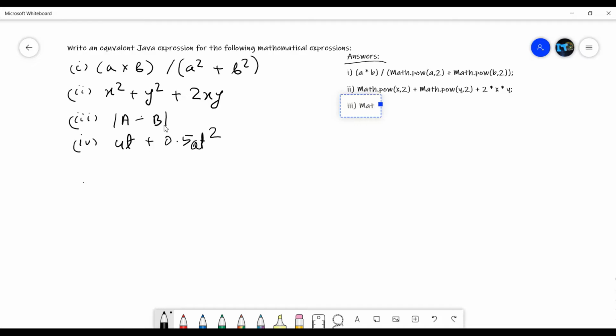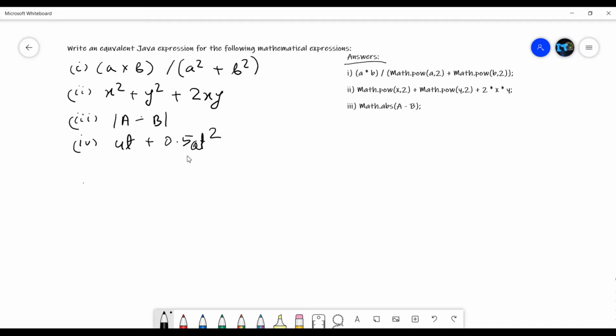Math.abs is written for the absolute value of your value. Inside the parenthesis you need to write a minus b, inside your function argument. Then semicolon. So this is your Java expression for mod of a minus b.